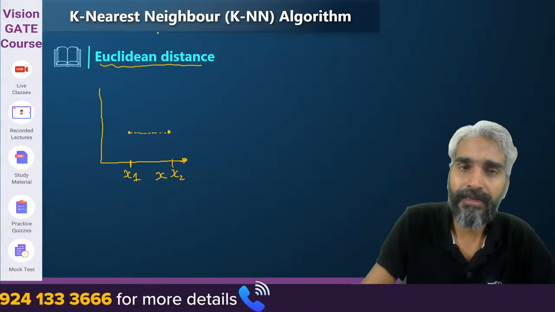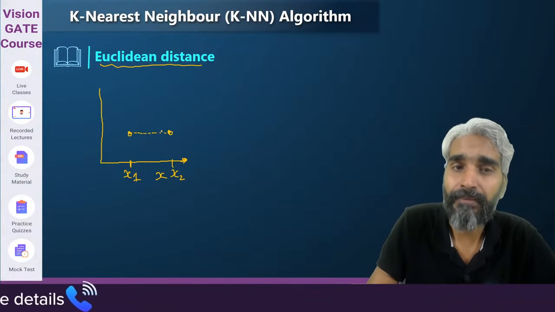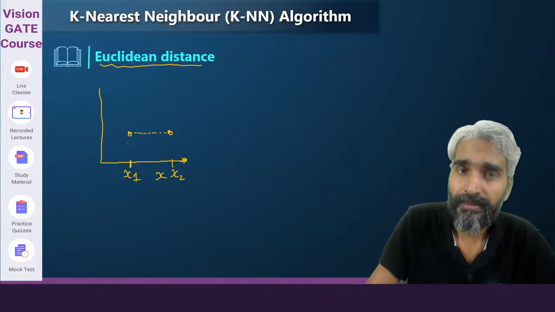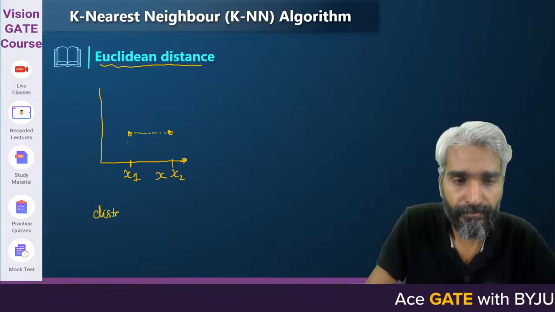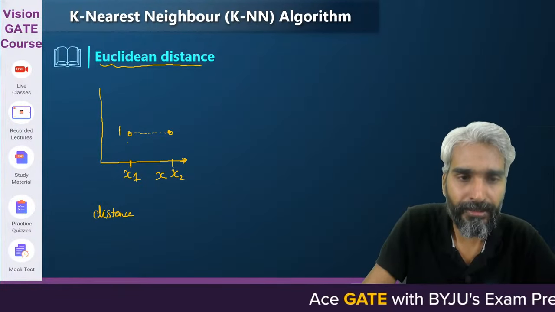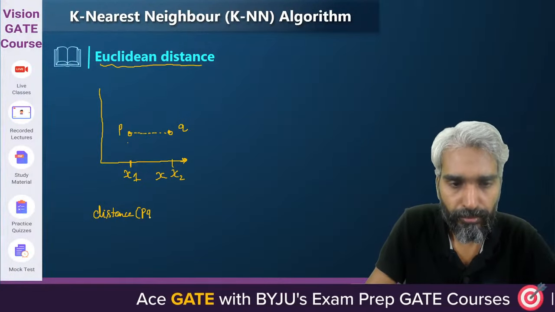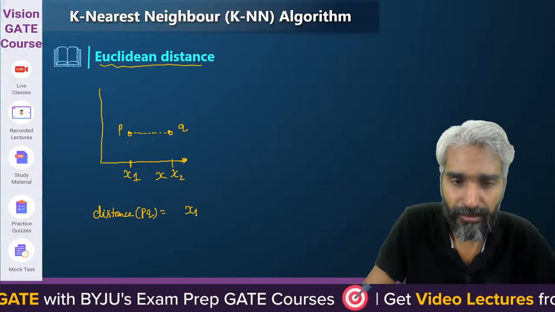Sir, in the Euclidean sense, if it is one dimensional, then the distance will be nothing but x1 minus x2. Yes or no? Let's call it P, let's call it Q. Distance between PQ is nothing but x1 minus x2.